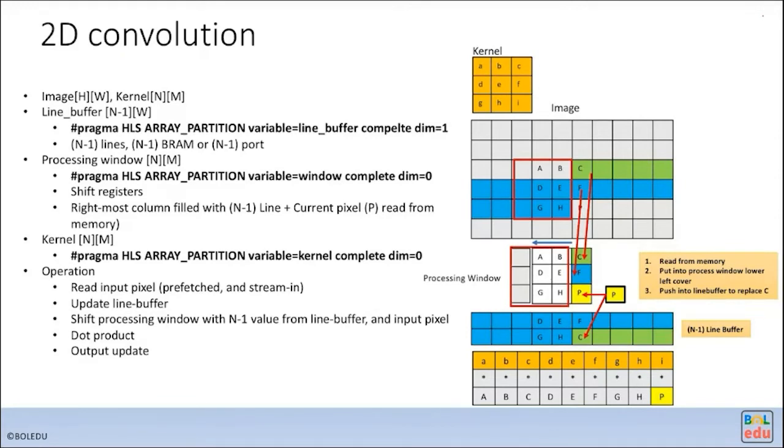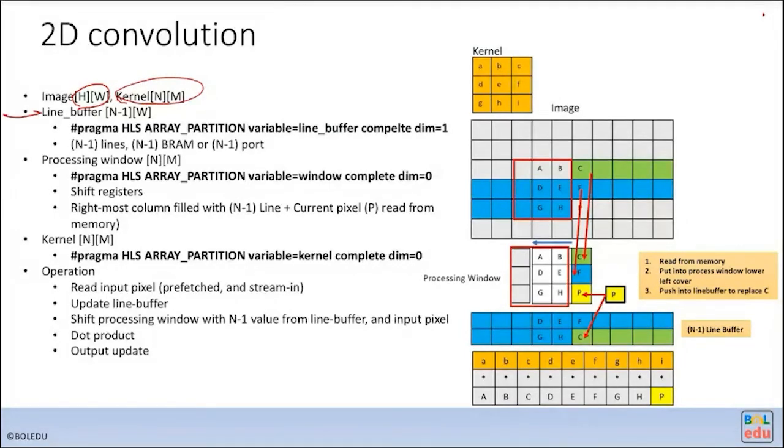For the 2D convolution, there are a few data structures. First, you have an image of size h height and w width, and you have a kernel of size n times n.